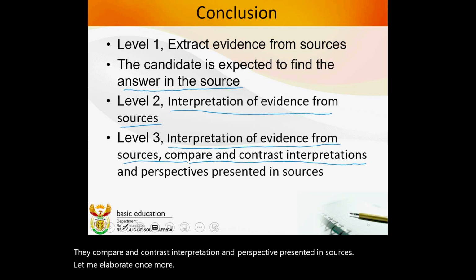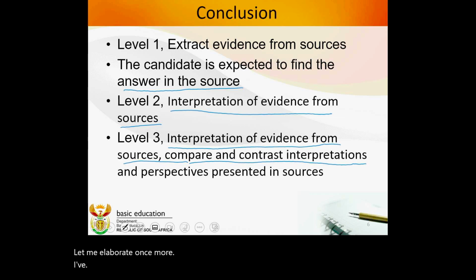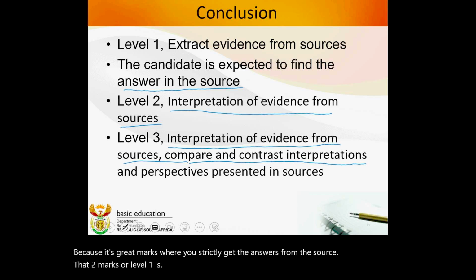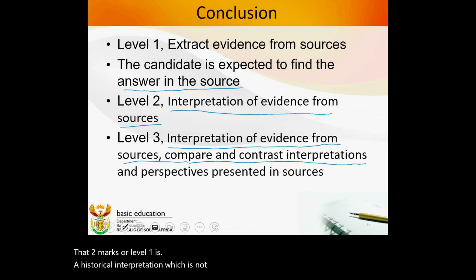I've indicated the fact that on level 1 questions, it is more or less 14 marks. But I don't want to say 14 marks, I rather say it's 12 plus 2. Because it's 12 marks where you strictly get the answers from the source. That 2 marks for level 1 is a historical interpretation which is not there in the source.